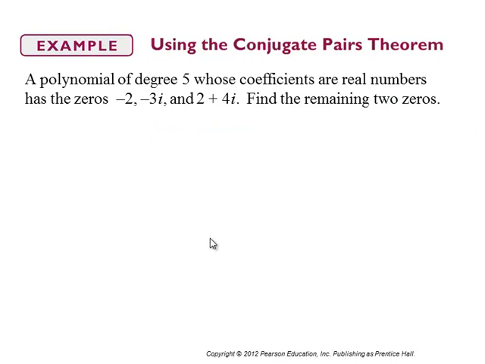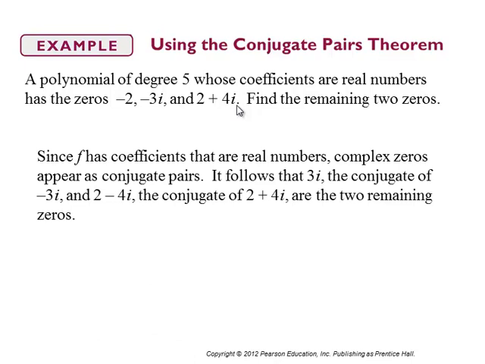Now, suppose that I have a polynomial with real coefficients, and I happen to know that -2, -3i, and 2 plus 4i happen to be zeros. Well, it turns out from the conjugate theorem that the conjugates of these two complex roots will also be roots.